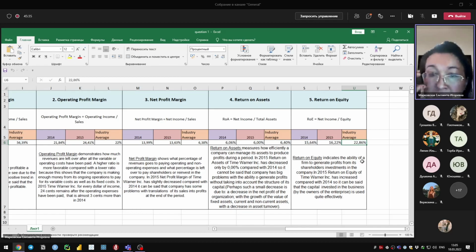So your task in financial performance analysis will be the following: to calculate appropriate ratios and to analyze them, and to make a conclusion about the financial status of the company.